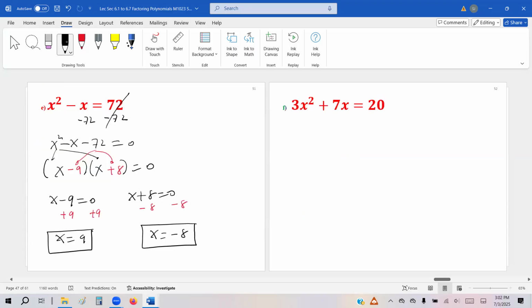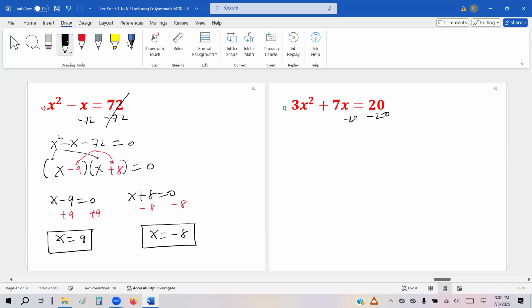That was easy. Now the last one, there are so many ways you can do it. You can do it using regular AC method, weird AC method, or trial and guess method. All three will work here. Or if you want, you can use quadratic formula. So you have 4 ways to solve this. But what is our step 1? It doesn't matter which step you do. What is step 1?